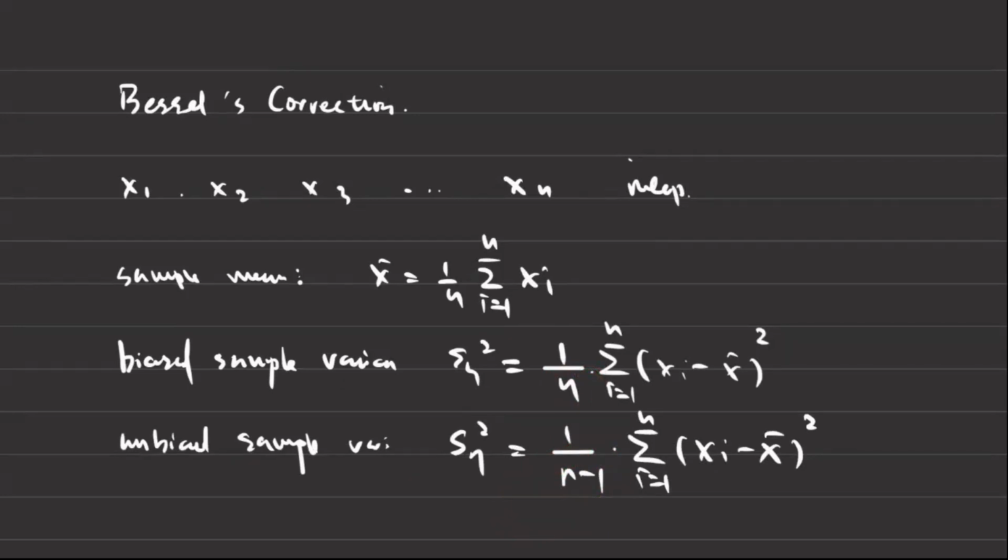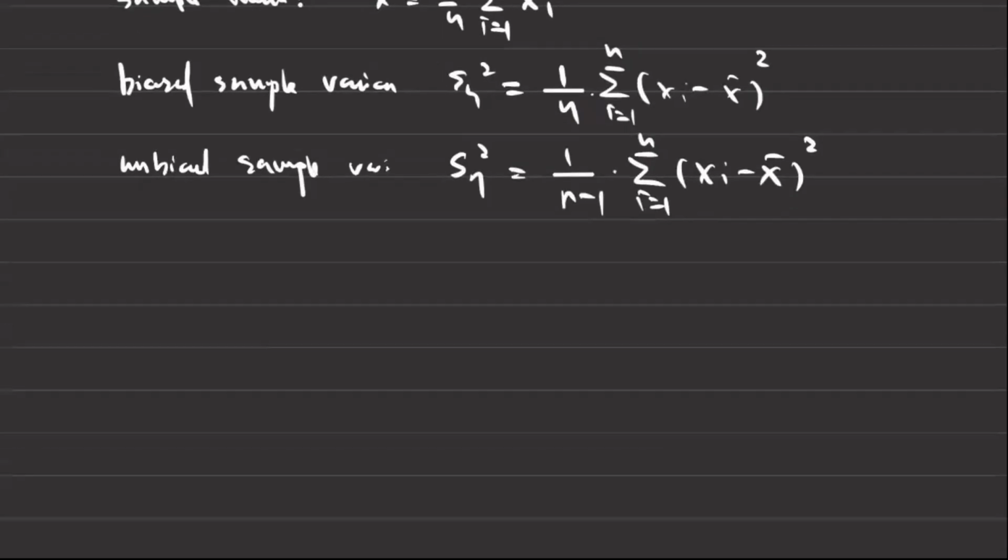To start showing the Bessel's correction, we need an identity for variance. So let's start with that. The identity really looks at the inside of the square term and sees what we can do to make that easier. So let's start from summation i from 1 to n, and inside of the summation you have xi minus x bar, squared.